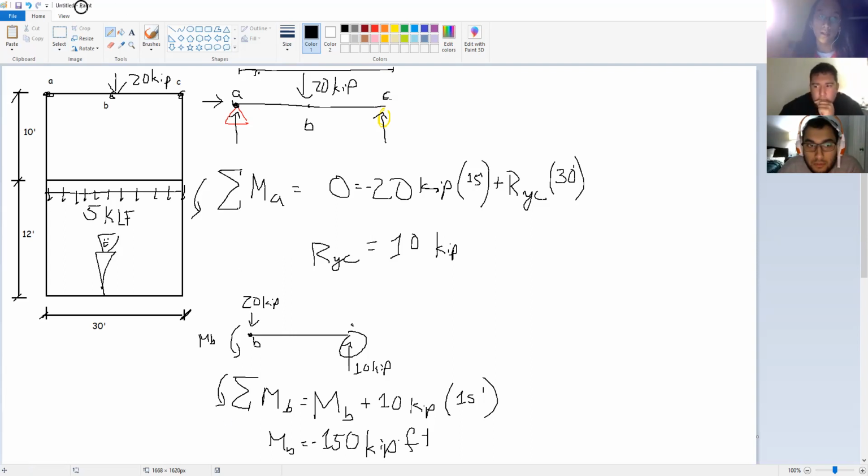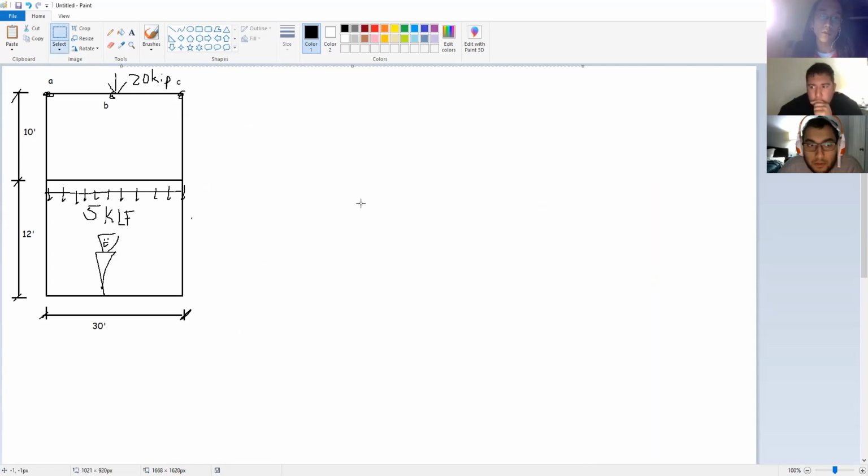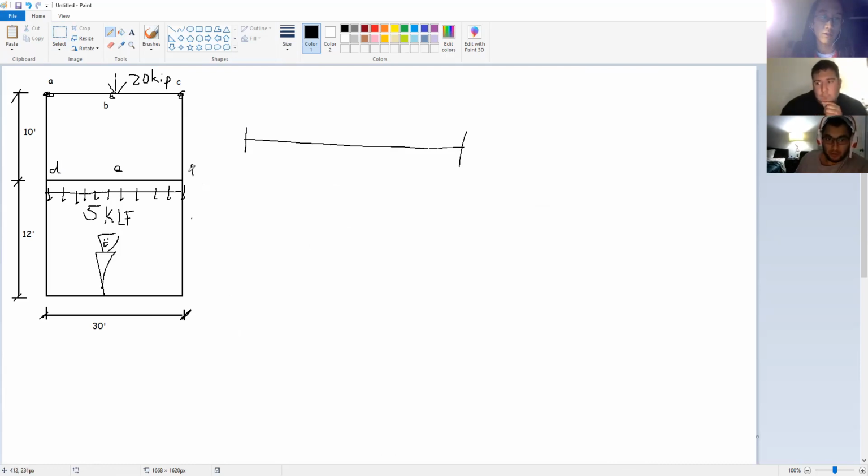Now we're just going to do the exact same thing with this floor slab right here, the second floor. It's literally the same thing. So we're just going to do D, E, F. There's a pin and a roller.